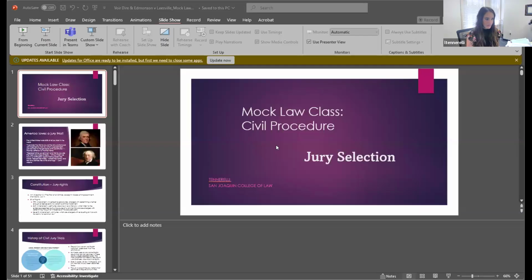Mine's doing like a weird thing. Is it showing you just the front side, or not the side panel thing? You can still see the side panel. How do I do it in the regular mode?